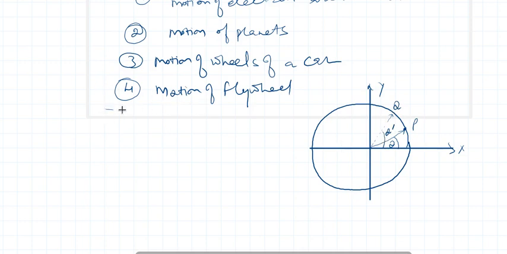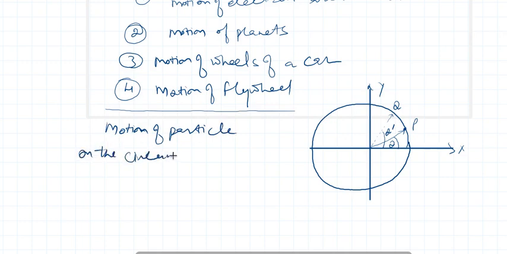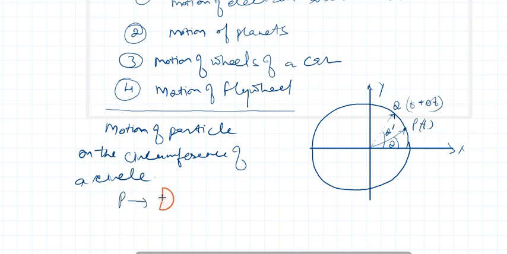So that means I am considering the motion of a particle on the circumference of a circle, and say at any time t, and after time t plus delta t, the particle will be at point Q. So at point P, the particle is making an angle theta with the x-axis at time t, and the particle will be at point Q at time t plus delta t, making an angle theta prime.